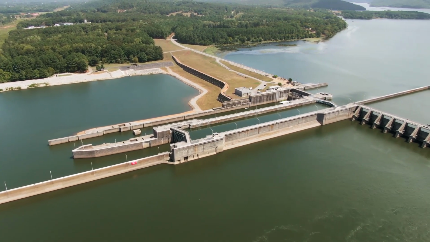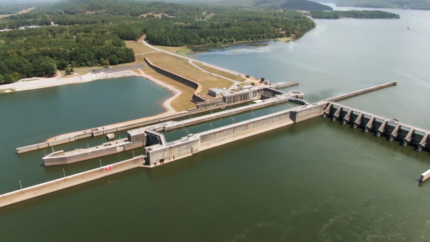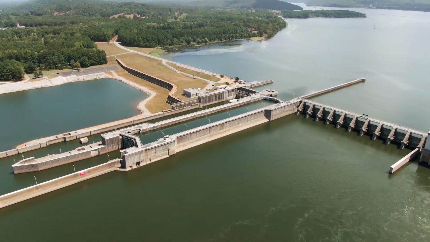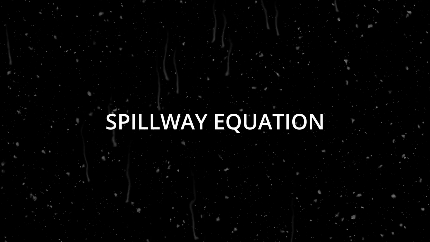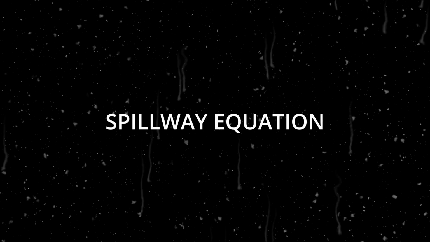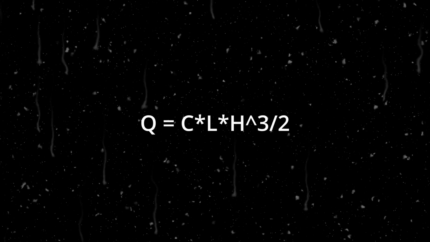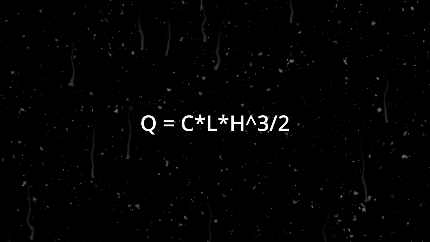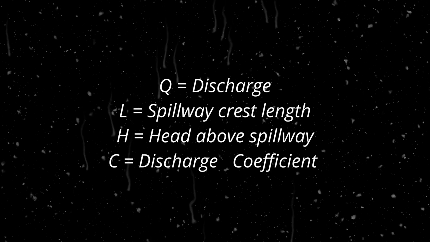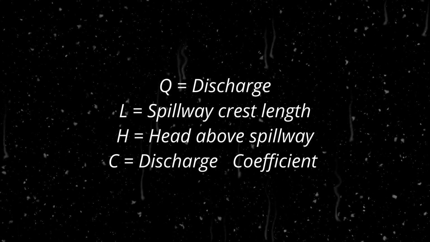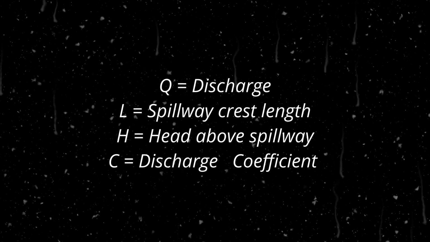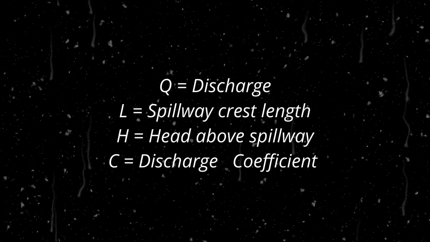Once we have chosen the type of the spillway, the next step is to choose the right spillway discharge equation. After determining the design discharge, engineers use hydraulic equations to size the spillway. For instance, for an ogee spillway, the discharge equation is Q equals C L H to the power 3 over 2, where Q is the discharge in cubic meters per second, L is the spillway crest length, and H is the height over the spillway crest.